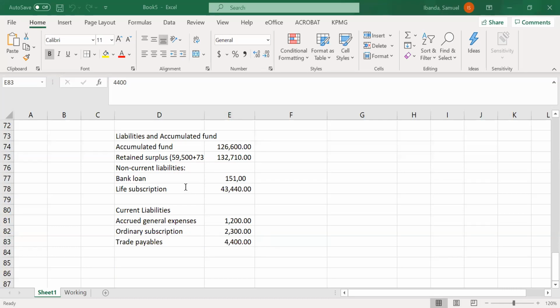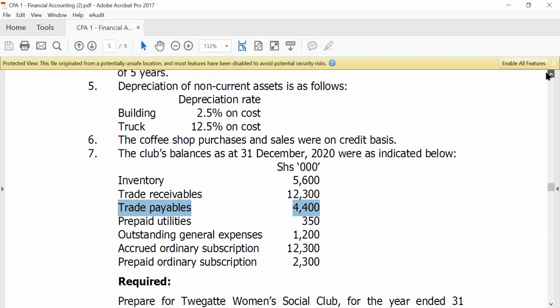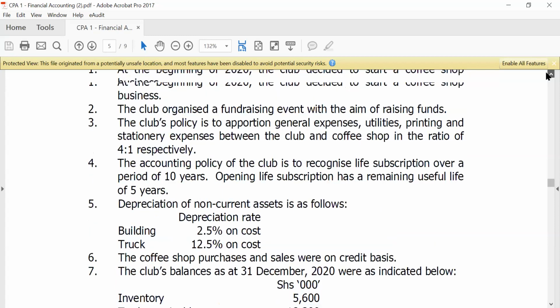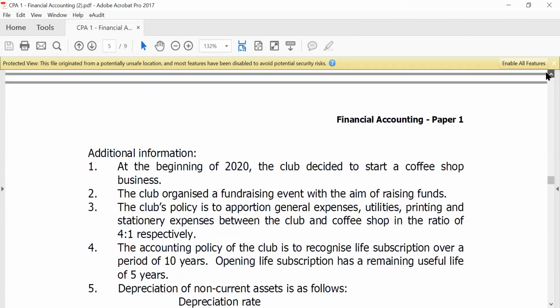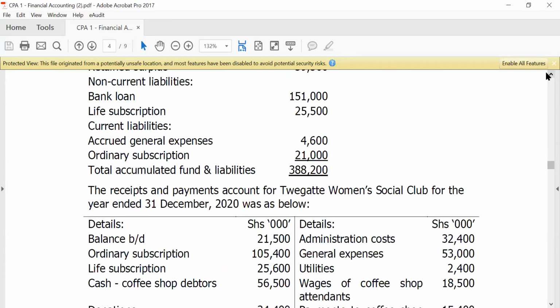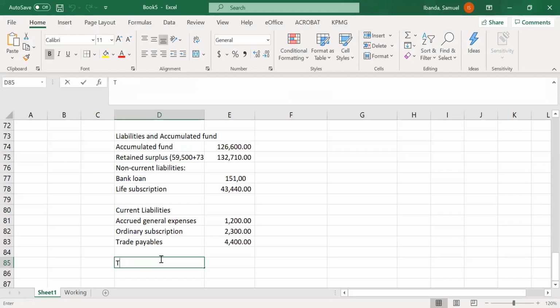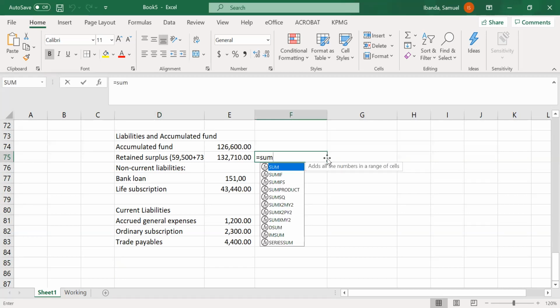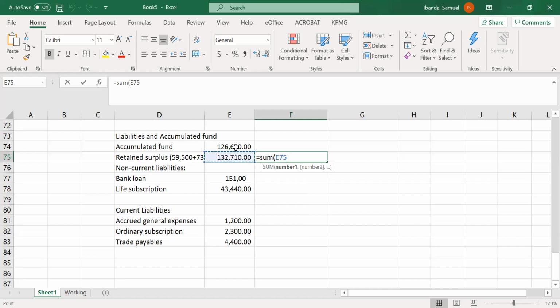Do I have any other that I'm aware about? At least I've recorded most of these. Nothing in the additional information that I should record. Again, nothing in the receipts and payments, this is to do with cash and bank. Nothing in the opening balances. If that is the story, I'll get my total liabilities. So let me get the total here, the total of the elements of equity.